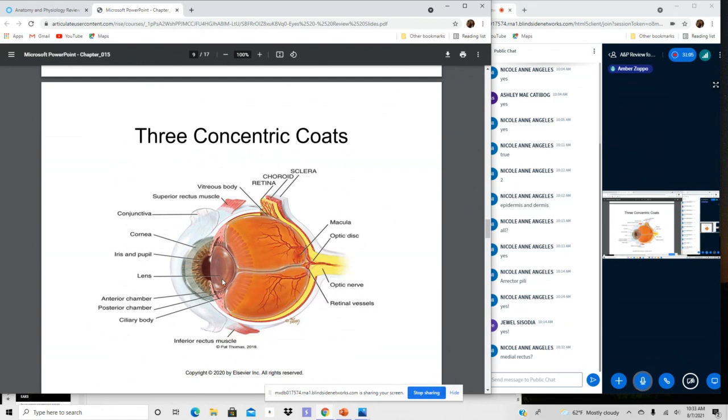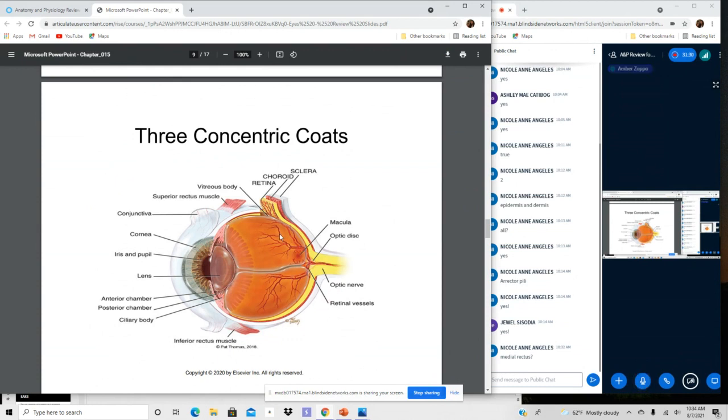And the space in between the cornea and the lens has this watery substance called the aqueous humor. The cornea and the lens are both convex shapes, and they make sure that the incoming light is transferred to this back part of the eye here. And the back part of the eye has a lot of very light sensitive cells. The back part of the eye is called the retina.